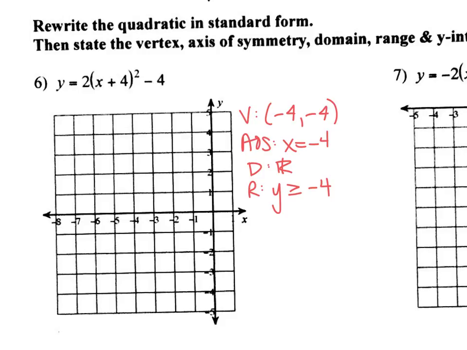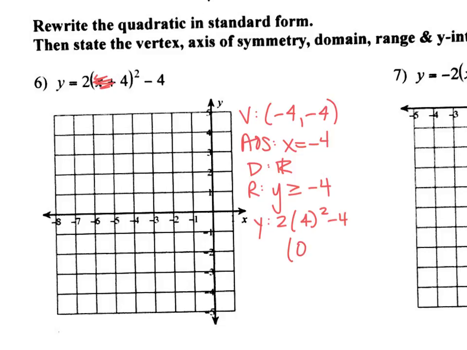And then remember, we have a shortcut to find the y-intercept, and that is really to read the equation without the x value, because normally the y-intercept's the number without any variables anyway. So really we're just going to do 2 times 4 squared minus 4, which should give us 28.